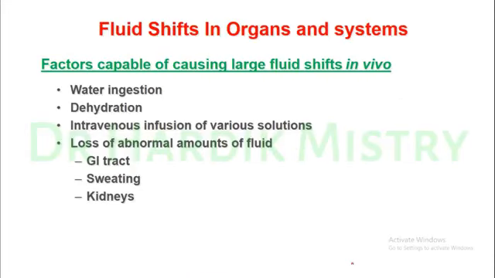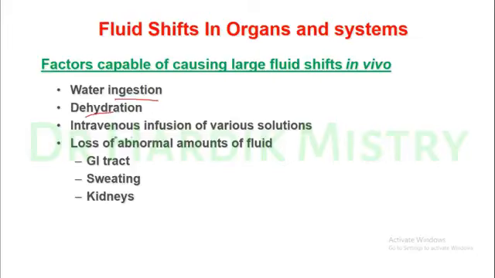Fluid shifts in organs and systems. Factors capable of causing large fluid shifts in vivo. Water ingestion is one of the important factors which causes large fluid shifts into different compartments.